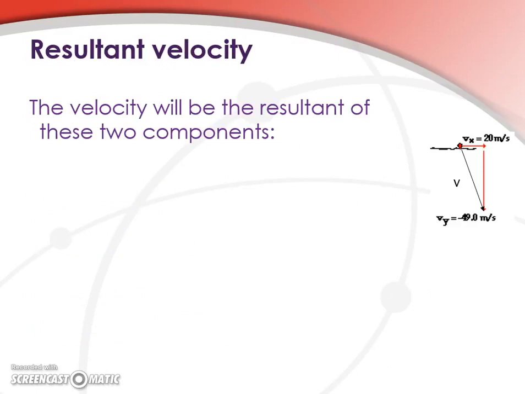Once we've found that v2y, v2 overall is just the resultant of the two components, vx and vy. And of course, vx is the same as it was at the start, since we don't have acceleration in the x direction.